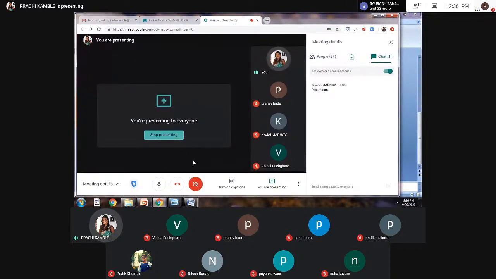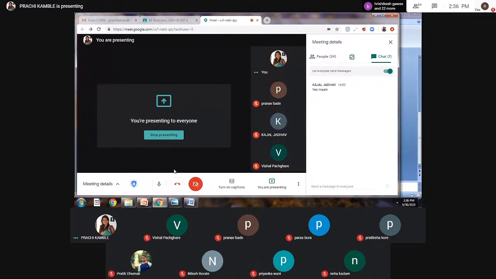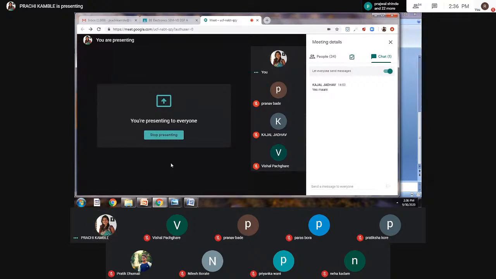If anybody knows the answer, they can write it into the chat box. Anyone? My question is, with every clock cycle, how does it impact the overall performance of the processor or controller?